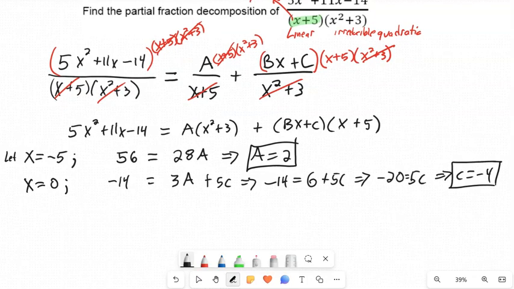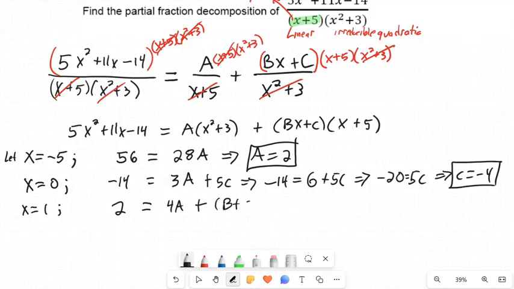You could use just another value, x equals 1, for example. That would look like 5 plus 11 is 16, minus 14 is 2 on the left side. On the right, 1 here would be 4a plus 1b, b plus c, times 1 plus 5 is 6. And then we can use the a that we have and the c that we have.